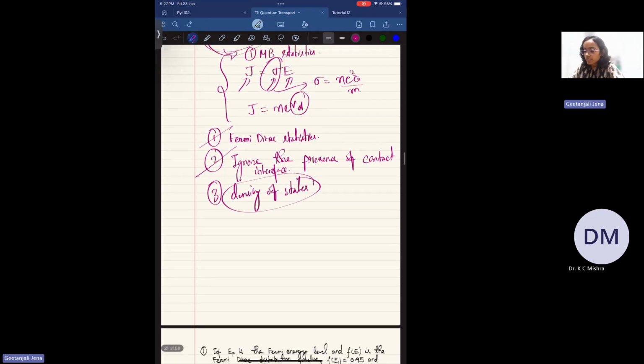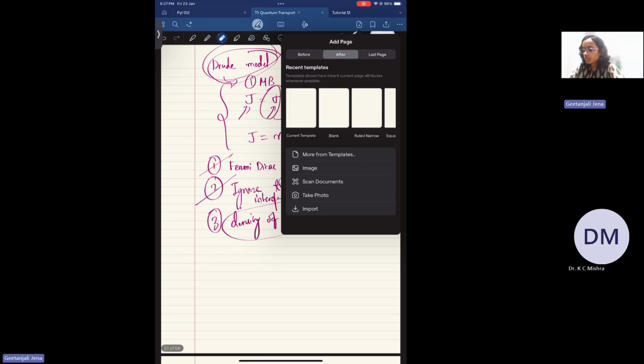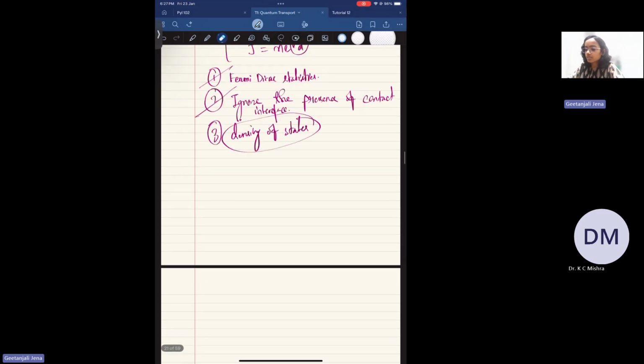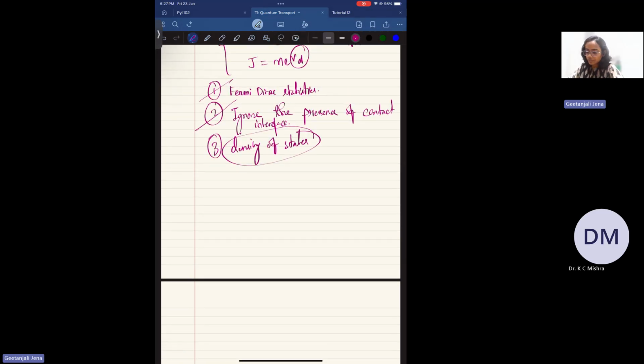Density of states is nothing but the number of states available in a range delta E. For charge carriers to move from one side to the other, there should be empty states in the channel so that the charge carrier coming from the source can occupy one of the states of the channel. Also, when electrons go from the channel to the drain, energy states should be available there on the drain side.